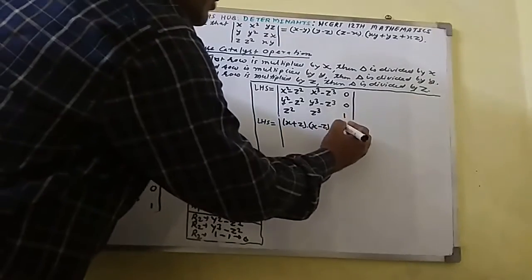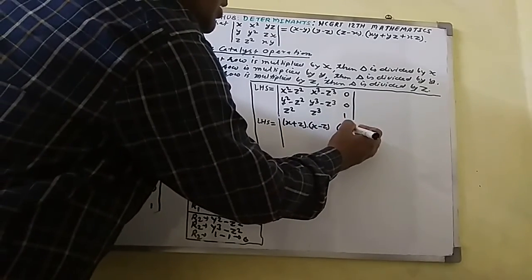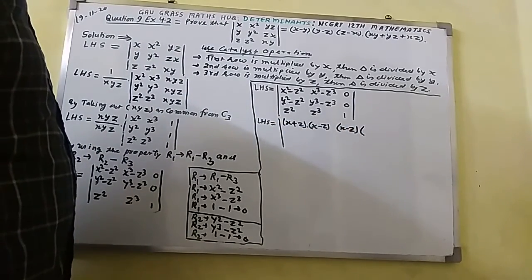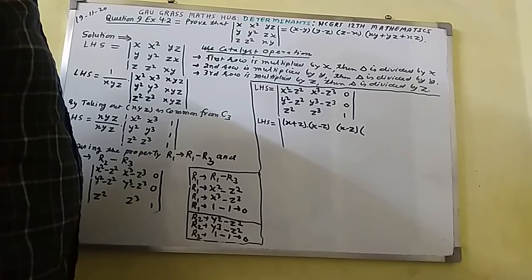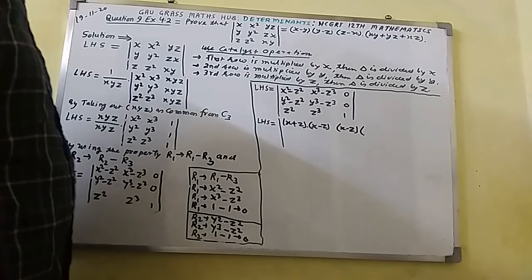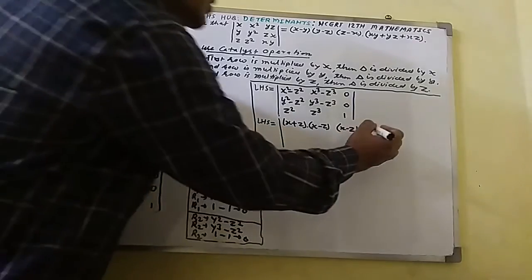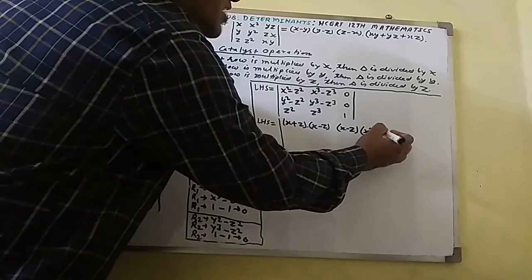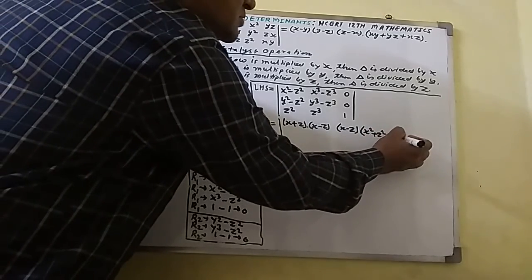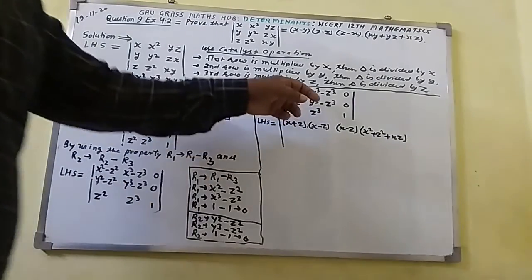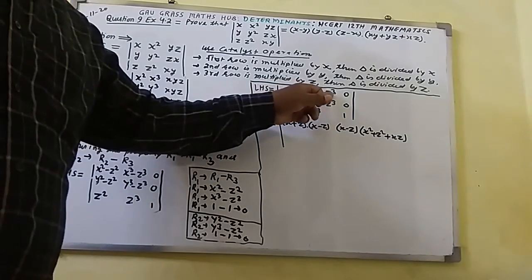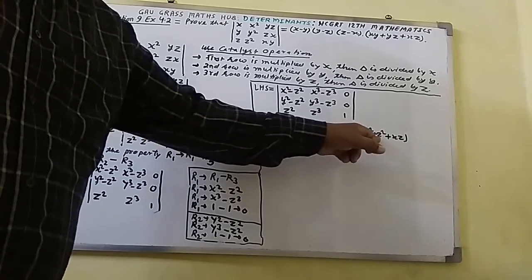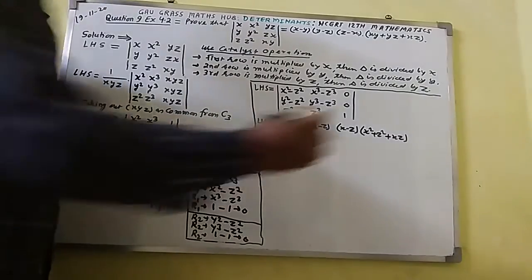So on the same pattern here you will write x minus z, and in another bracket you will write x square plus z square plus xz. If you factorize x cube minus z cube, you will get x minus z in one bracket, another bracket x square plus z square plus xz. Here 0 is there, right here 0.